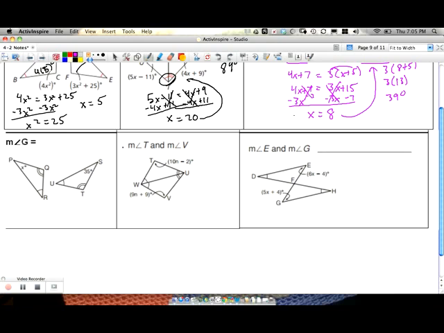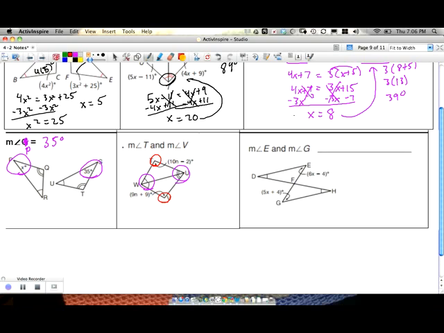So this next one says measure of angle T and measure of angle V. I have 2 of them. What am I going to do? Well, these 2 match these 2. So then the third has to match the third. That means that 10n minus 2 equals 9n plus 9. So I'm going to add 2 and subtract 9n.